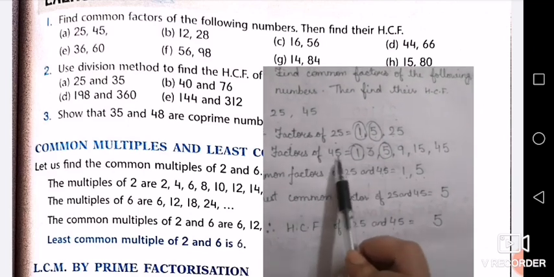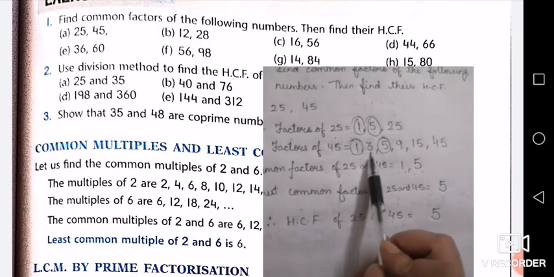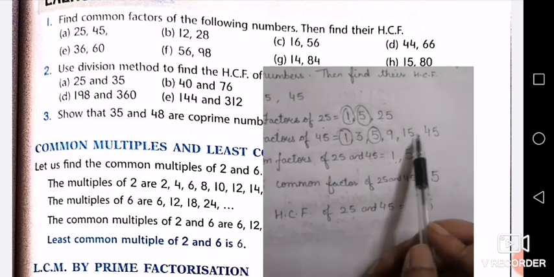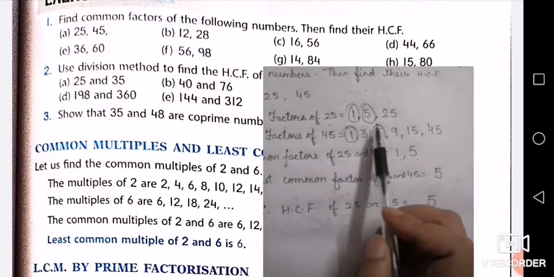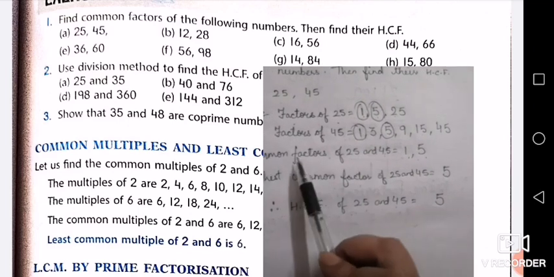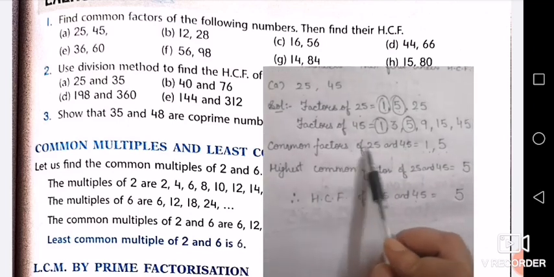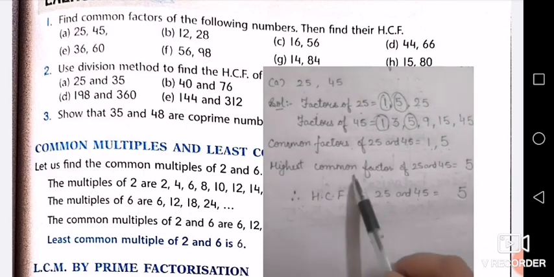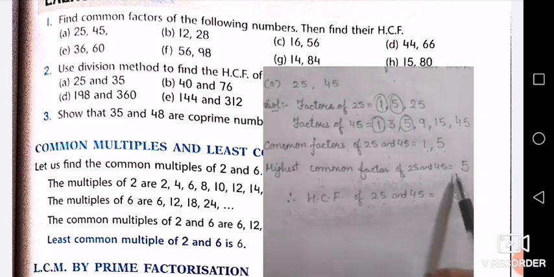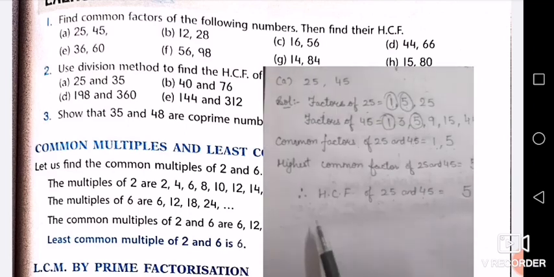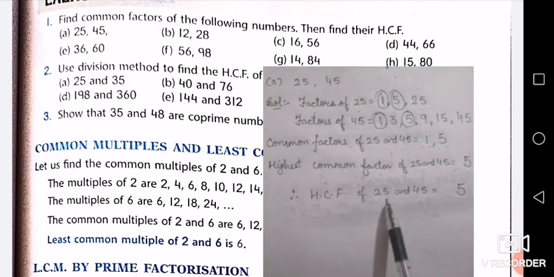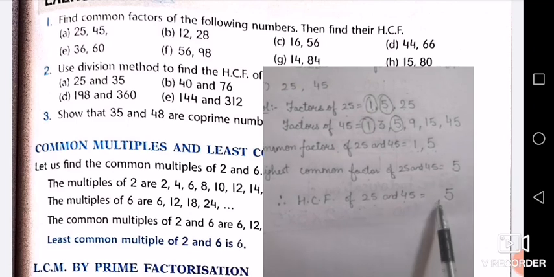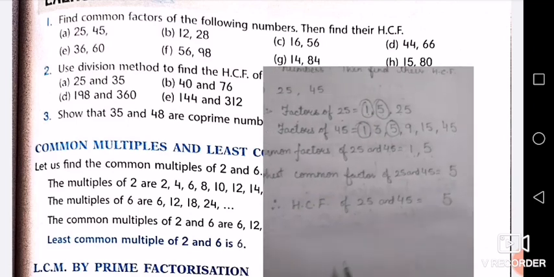Factors of 45 are 1, 3, 5, 9, 15 and 45. From these factors, the common factors of 25 and 45 are 1 and 5. Then the highest common factor of 25 and 45 will become 5. Therefore, HCF of 25 and 45 is equal to 5. Now let's do the next question, B part.